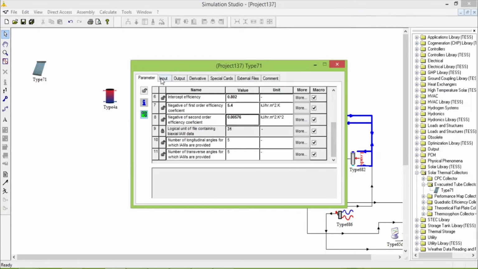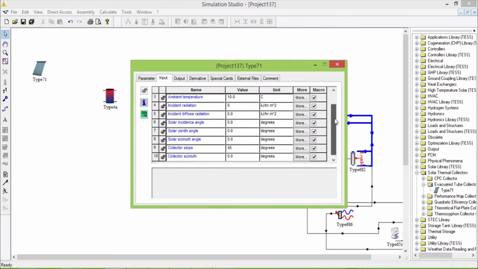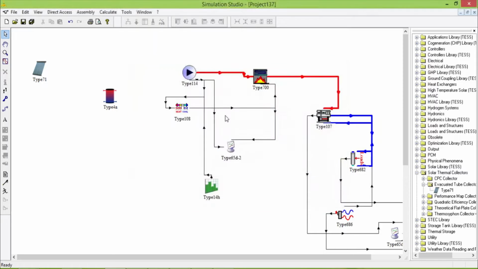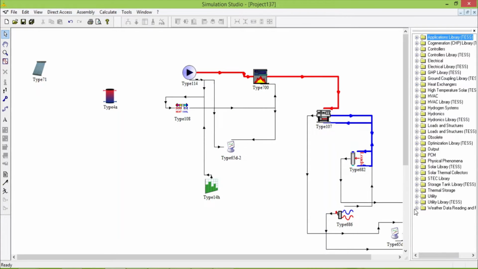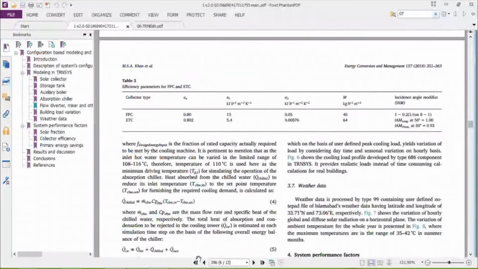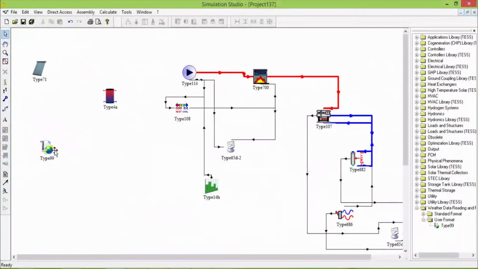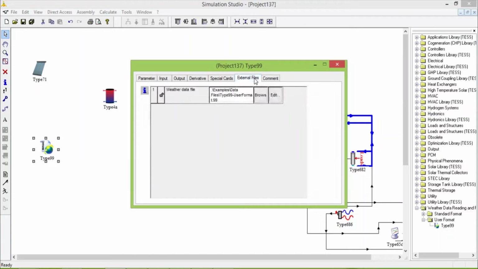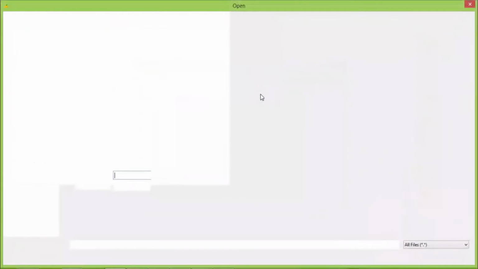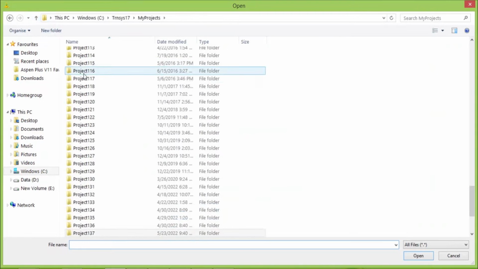I think we changed more. Okay, and now we will add the weather data. I have the weather data of Islamabad as in this paper, so I will load it.